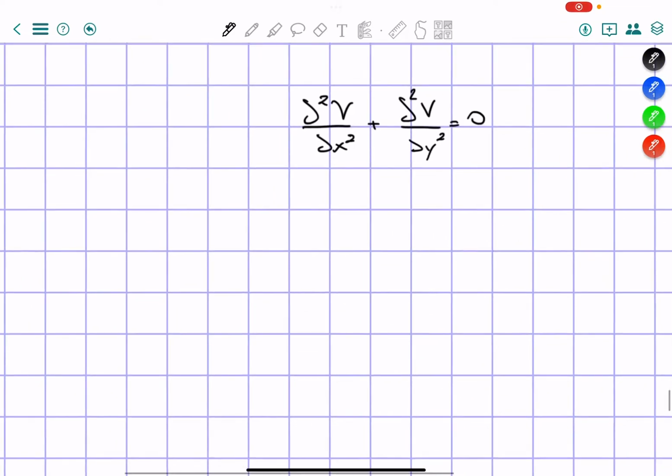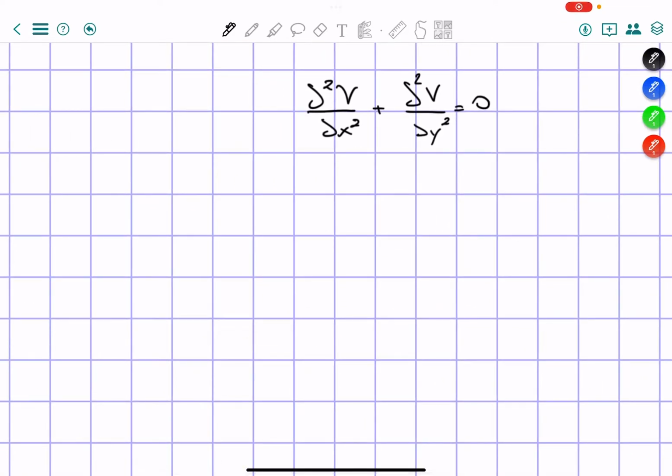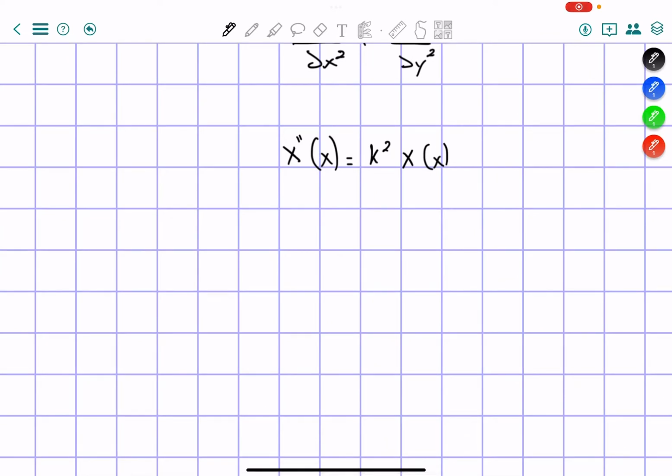We can say that our capital X double prime in terms of x is equal to k squared times capital X in terms of x. So if we solve this second order differential equation, we're going to have r squared is equal to k squared, so r is equal to plus or minus k.